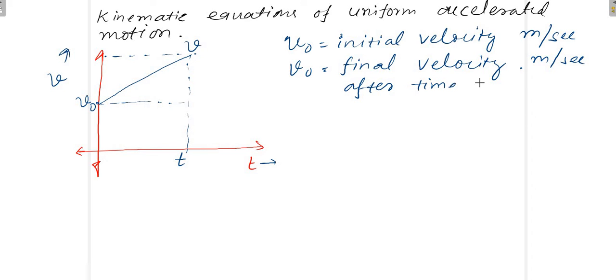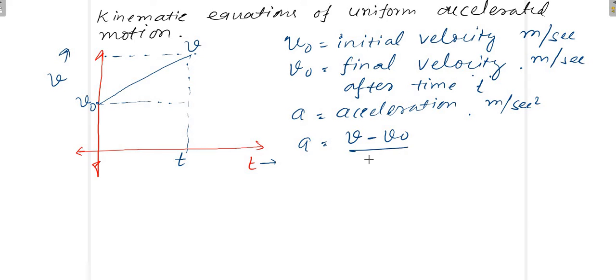time t seconds, right? Let a be the acceleration in meter per second square. So this acceleration is now given by (v minus v0) divided by (t minus 0).